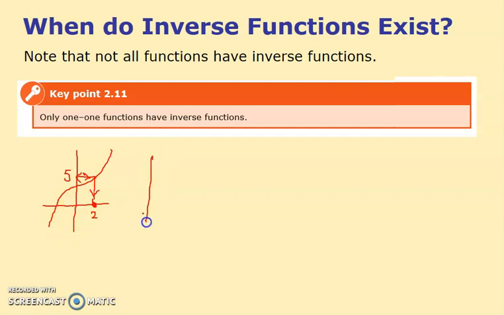Now that might seem obvious, but of course some functions don't look like that. So I'm going to draw a more complicated function that might look like this. Now this function, let's just draw a couple of axes properly on it. For instance, you'll notice this number here, I kind of get it in 3 places actually.